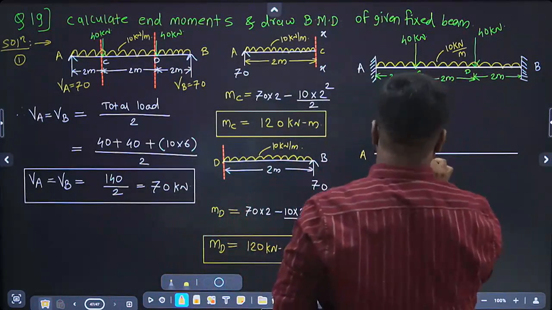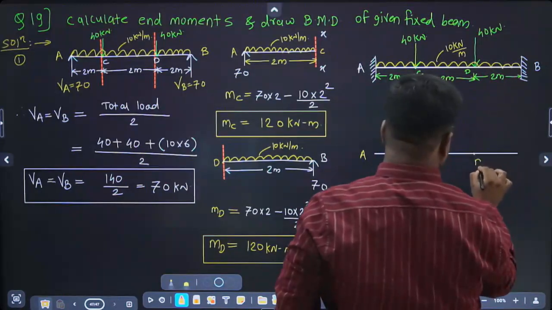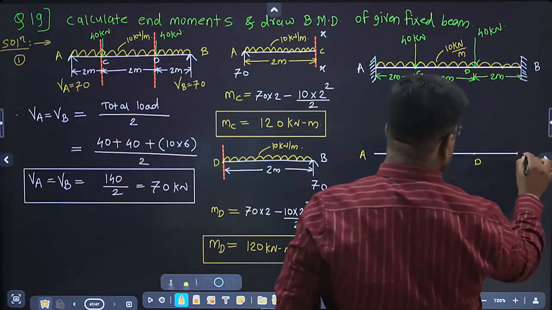Again, this is the C point. This is the D point. And this is the B point.